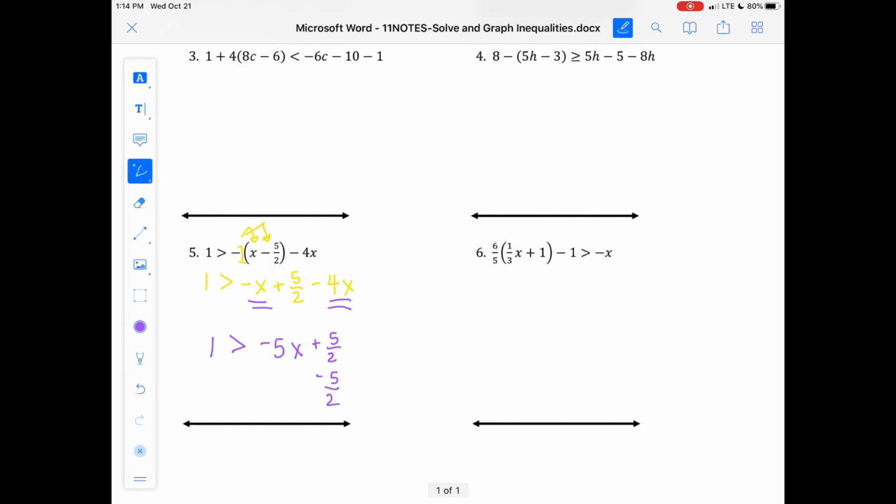I'm going to move the 5 over 2 to the other side so I can get x by itself. And 1 minus 5/2 is -3/2. And if you did that on Desmos, maybe it gave you -1.5. I'll use a decimal for this. Is greater than -5x.